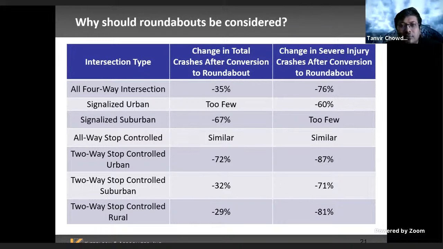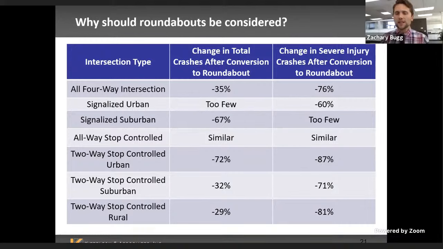Different state and provincial agencies assign dollar amounts to different types of crashes and different severities. So one thing you could do is look at a predictive analysis of crash data over the next 20 to 30 years, assign a cost to each crash, and then make an apples to apples comparison, roundabout versus other forms, to see what that benefit is compared to that cost. Does that answer your question, Tanvir?